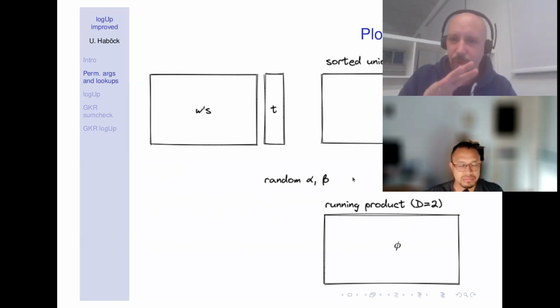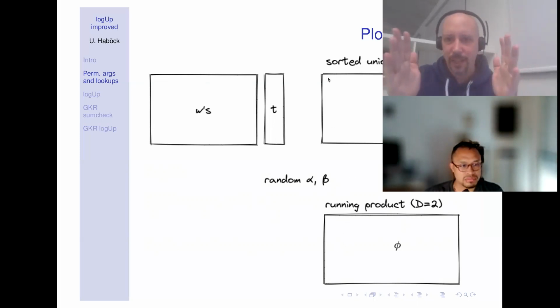I want to normalize these pictures, though there are always trade-offs between the degree of the program and the number of commitments to be provided. But I normalize all my observations to the case where we only have degree 2 constraints, which means that the running product goes over the same domain as this sorted union is large.